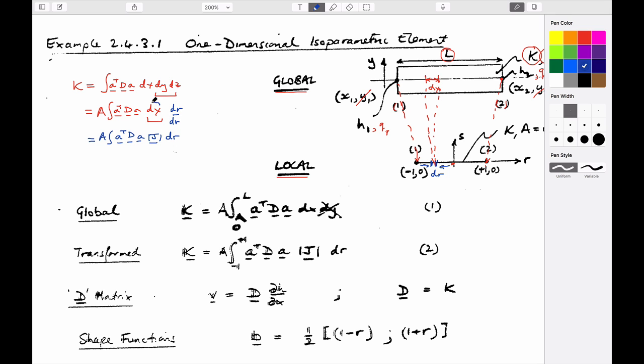And if we combine these two together, then by definition, this term here is just equal to this term that scales between these two geometries, dx over dr.